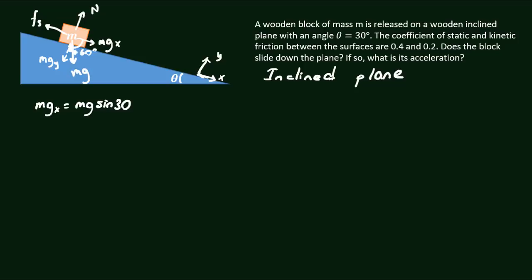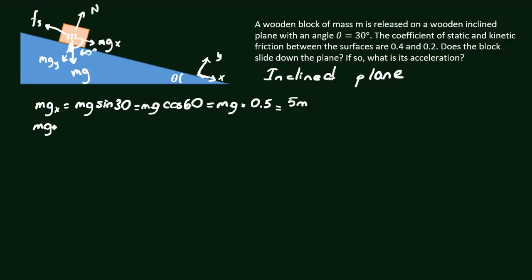Or you can use this angle of 60 degrees. So mgx will be mg times cosine of 60 degrees, which is exactly the same thing, mg times 0.5, which is the sine of 30. So we have 5m for the x component.